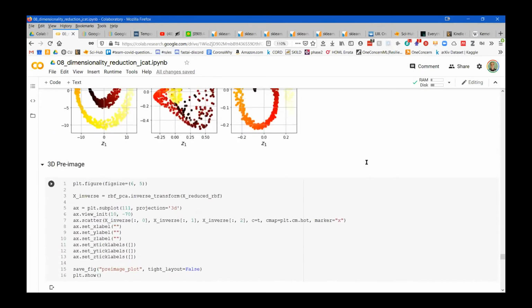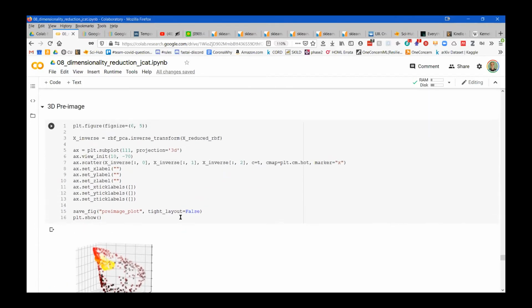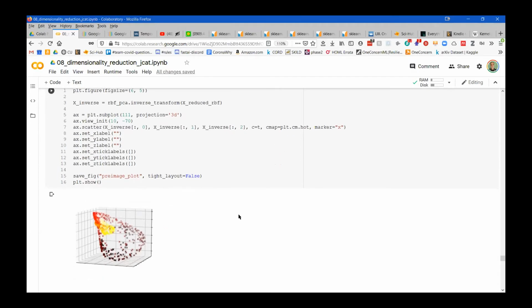Since we never get to actually map the data into this infinite dimensional feature space, we can't really use the way that we did before to map it to its 3-dimensional reconstruction, and then see what the reconstruction error is. So there's a special technique that allows you to do that, to get what they call a pre-image.